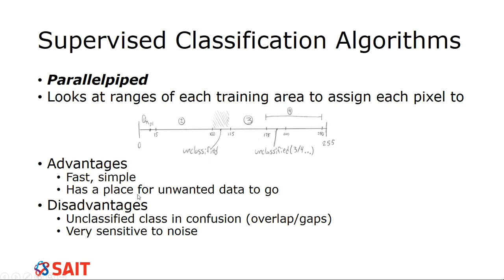Advantages of doing this is that it's extremely fast. It gives you a really quick overview of what you need, and it does have a place for unwanted data to go. So let's say that you're looking at your forest and you need to know 3 different classes of trees. So you create these 3 classes, but then there's a river that's running beside it.